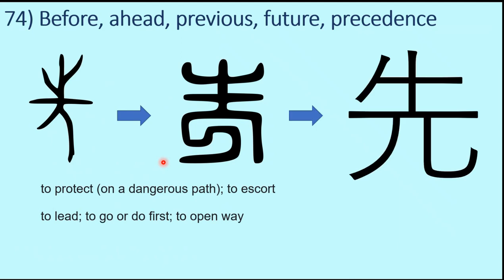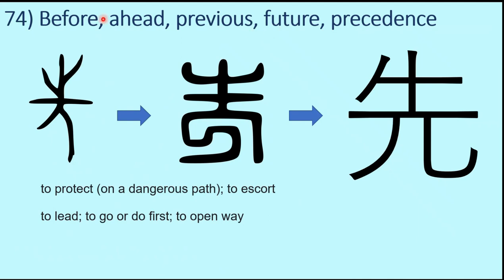So that's why this symbol in modern context is used for ahead. Since this ancient meaning gives the meaning of to escort someone, that is to protect someone or to lead, that's why it is extended to meanings like well ahead or for the future.